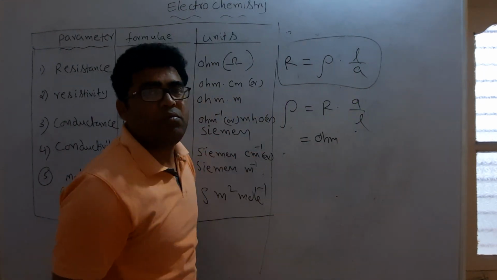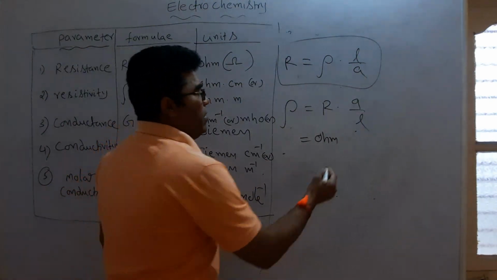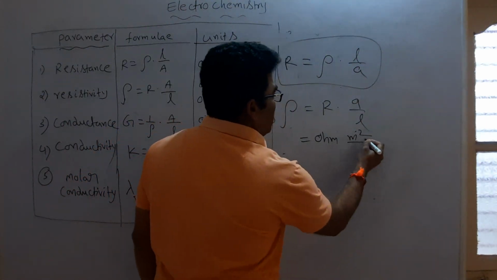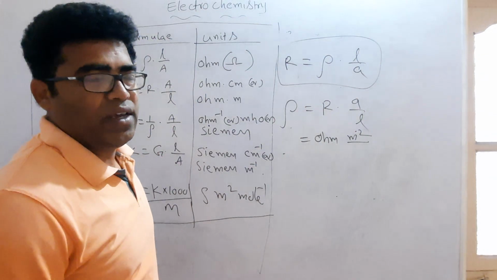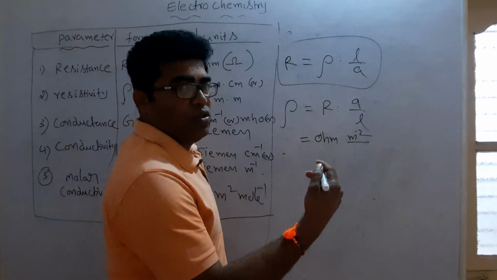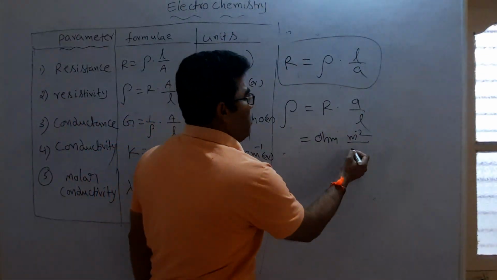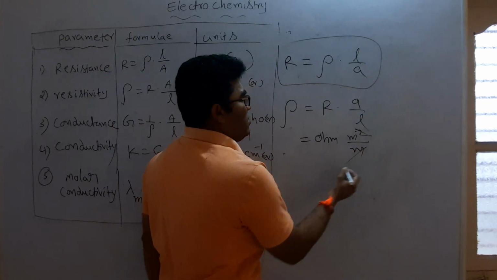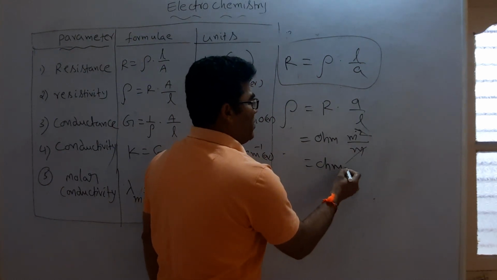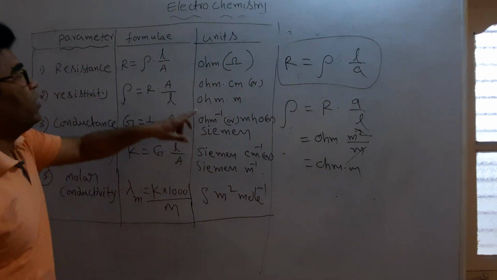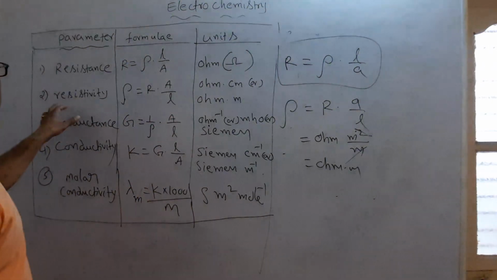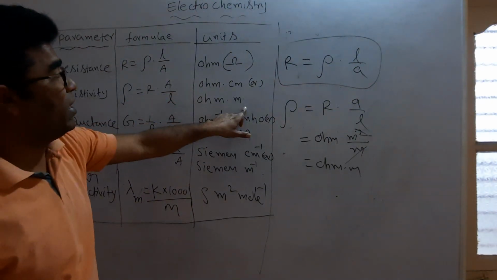And A means meter square. Area means length into length, so meter into meter, meter square by meter. So meter one cancel, then ohm meter. So the units for resistivity is ohm meter.